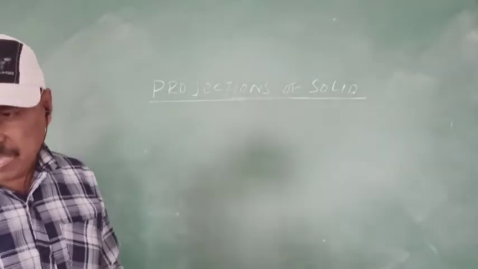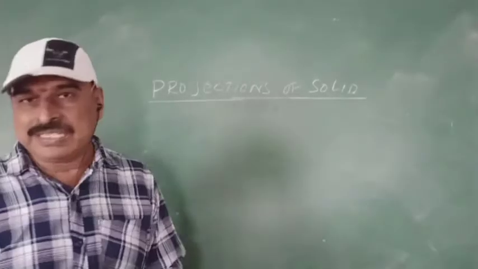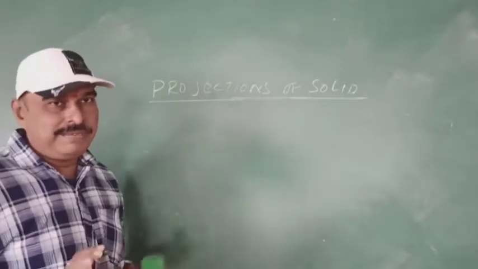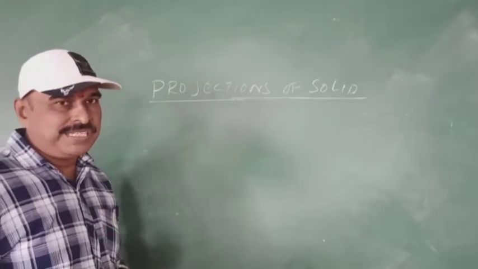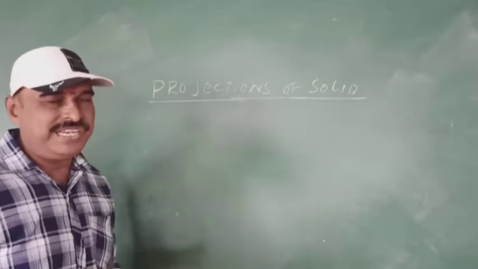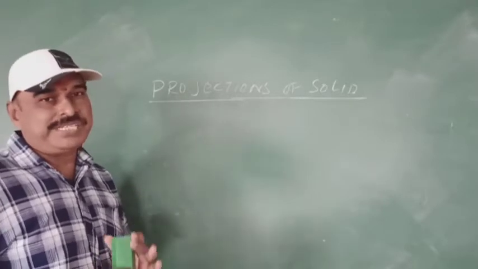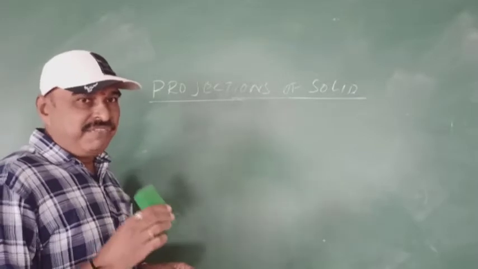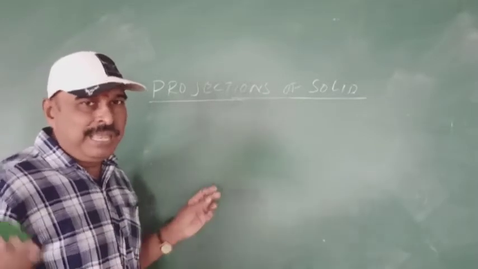Right. Now let us come to the projections of solids. Already you know different types of solids. Here we are practicing the projections of solids in engineering drawing in first angle projection. That means placing the object in the first quadrant and obtaining the projections.